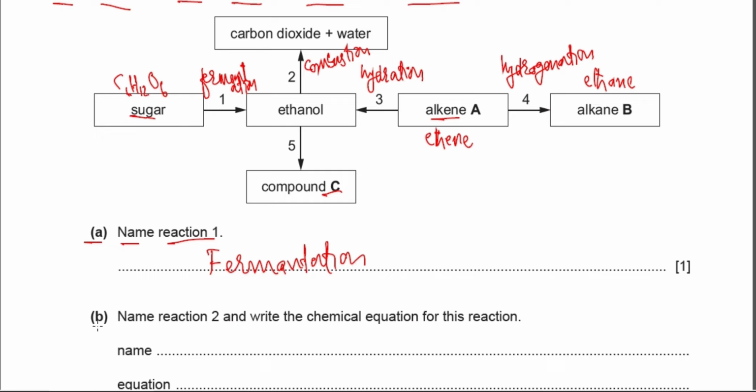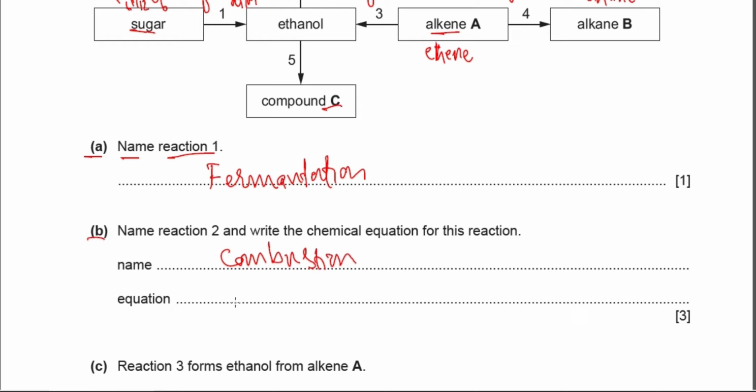Then in part B he says name reaction 2, and I already mentioned this reaction 2 was combustion. When we combust, we know the reactant is ethanol, and we are going to write the equation.